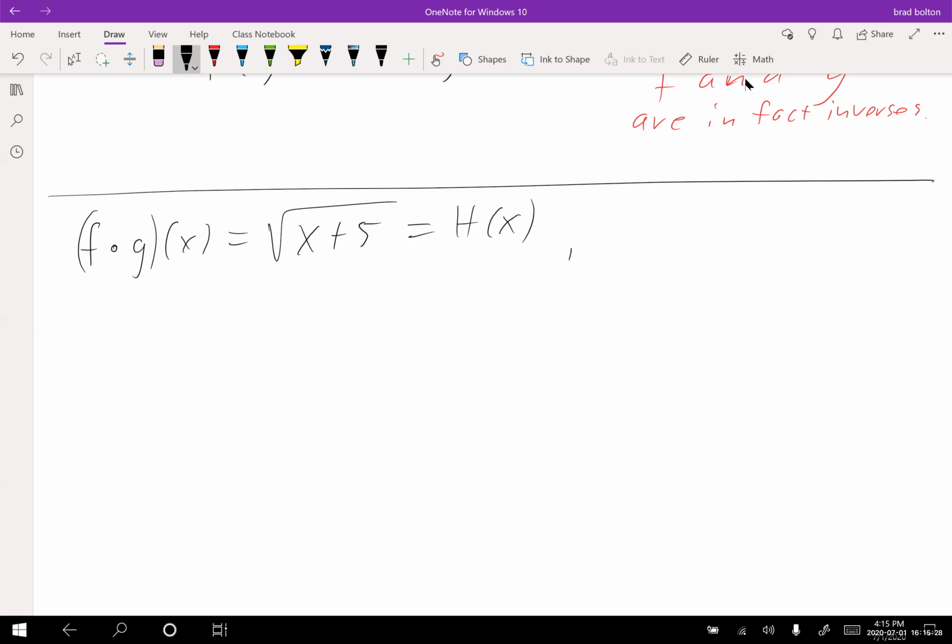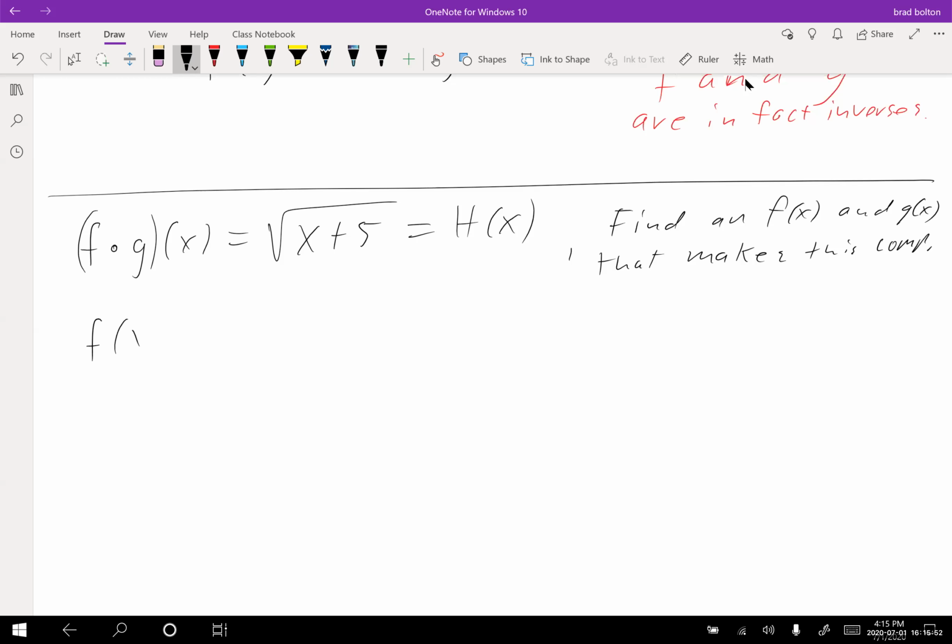I would like you to find an f of x and g of x that make this composition. Okay, so this is thinking backwards now. This is telling you that you already know what you end up with. You want to know where you started from.